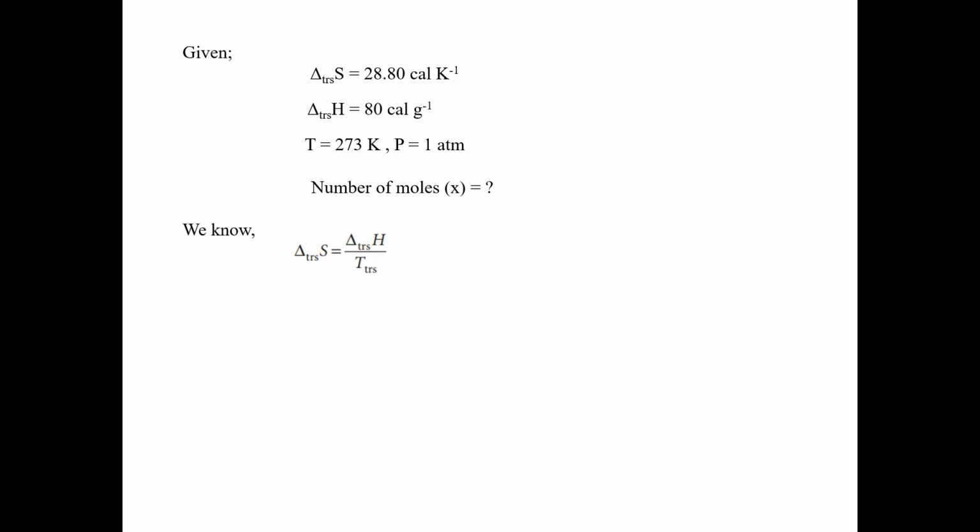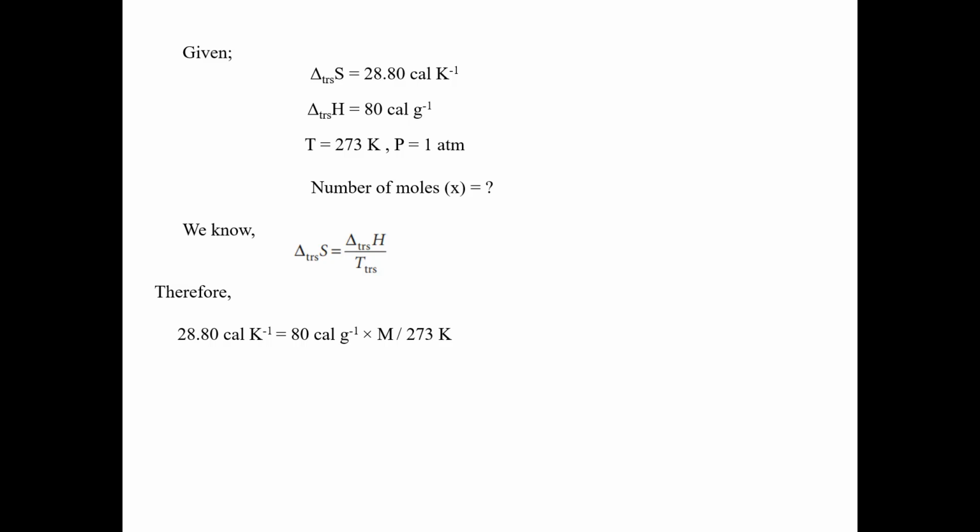Here, the value of delta H transition is given in cal per gram, so delta S transition becomes equal to delta H transition into mass, divided by temperature.